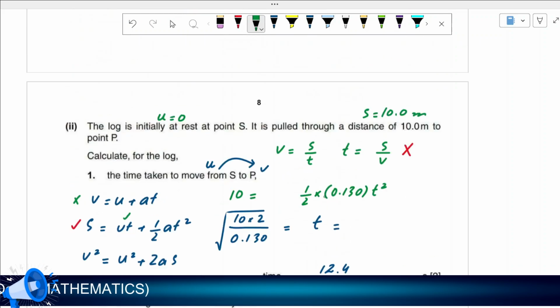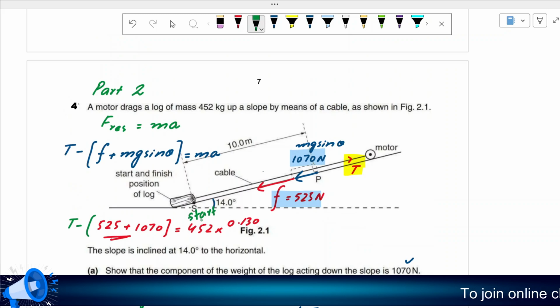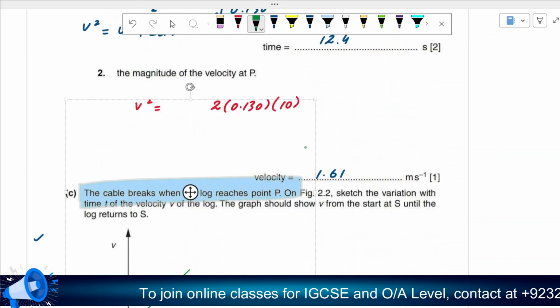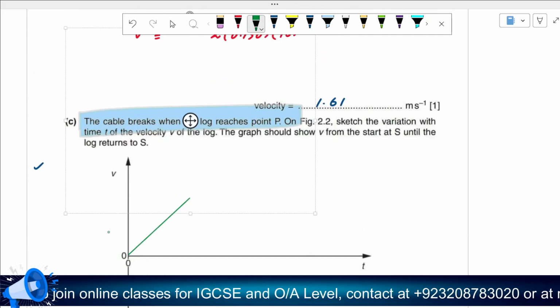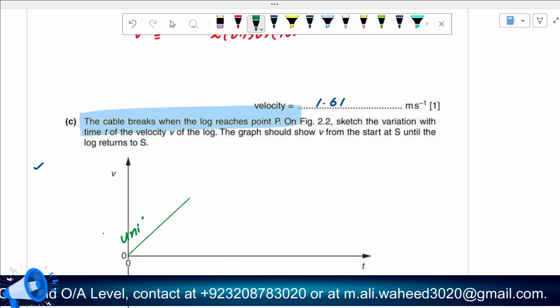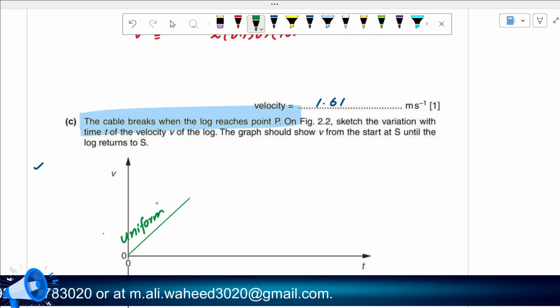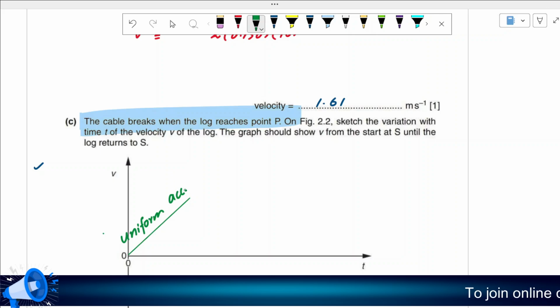Sorry, at S the velocity was 0, at P the velocity is 1.61. So it speeds up with a constant acceleration, or uniform acceleration. How much is that acceleration? 0.130. It speeds up with that acceleration, uniform acceleration.